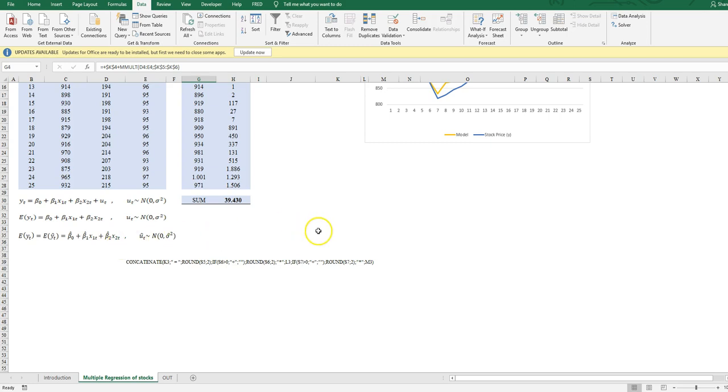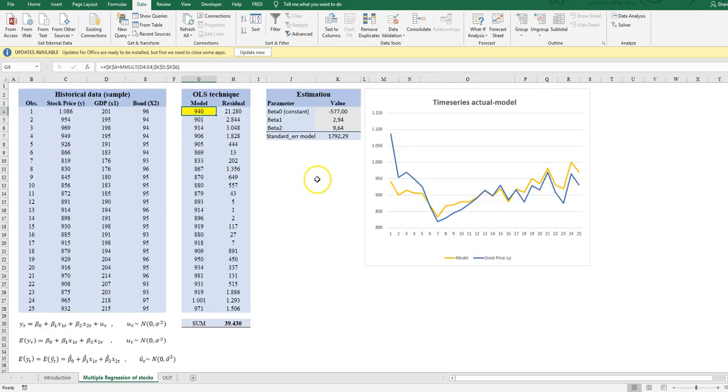The last thing I just want to show you here is to calculate the standard deviation that we so famously use in the statistical assumptions, the constant sigma. The OLS doesn't provide us with the sigma, so we have to calculate it manually, and the way to do that is first to remember what the standard error of the model is.